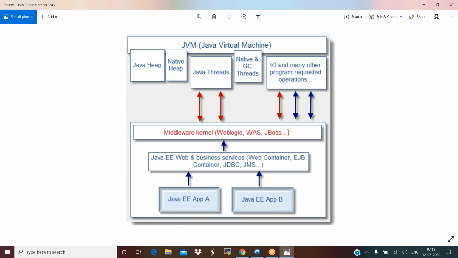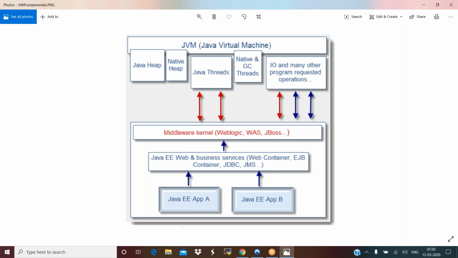Using synchronization, they will write a block on a particular thread. So one user at a time can use that particular thread. If a second user has to come and use that thread, the first user has to complete his task, and the remaining users who want to use the thread have to wait in a queue.